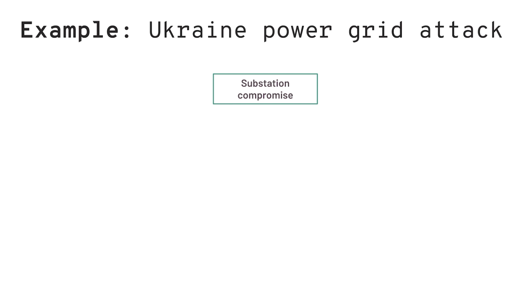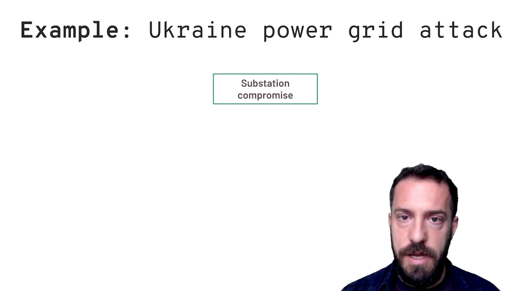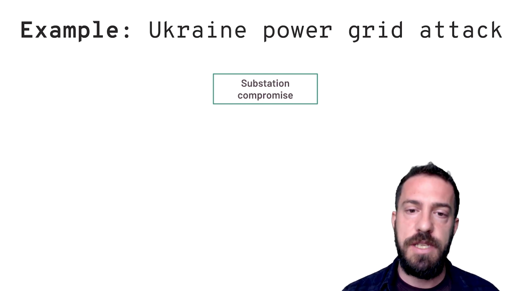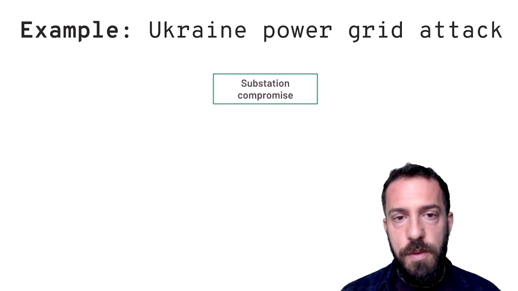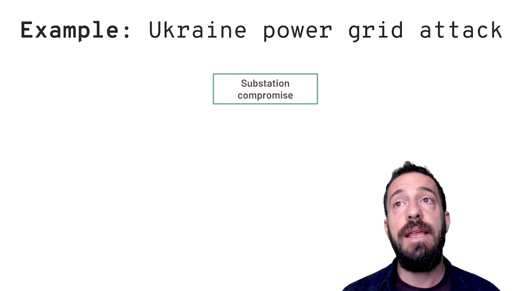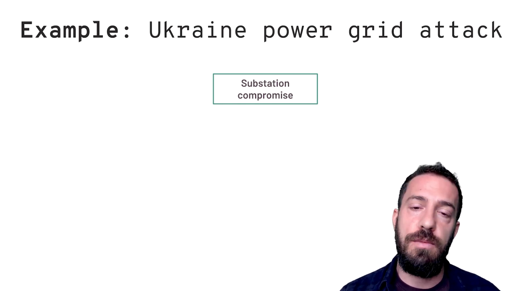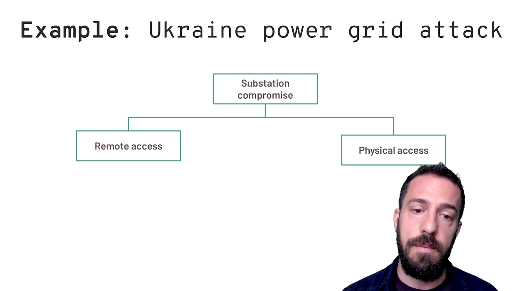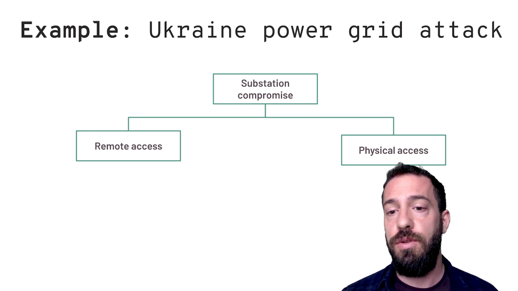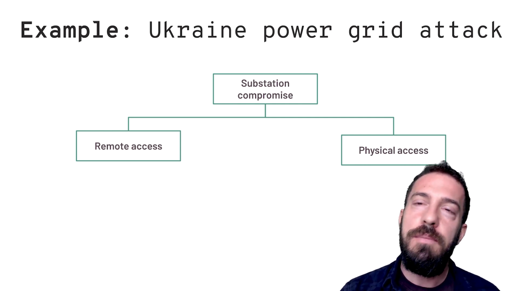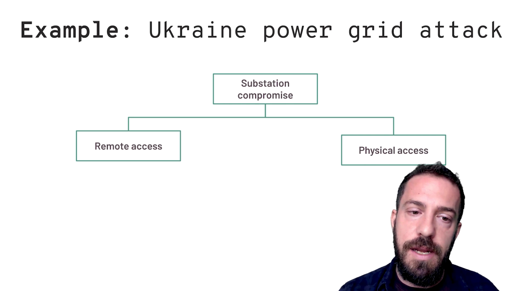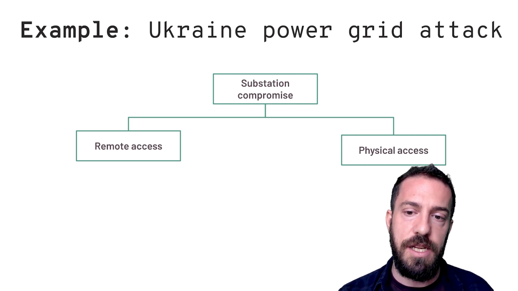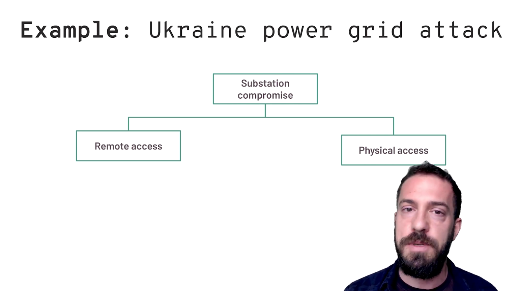So in order to show attack tree development in the context of operation technology, let's go back to the Ukraine power grid attack, and let's talk about the final goal of the adversary, that was a substation compromise. So to compromise the substation, I can think of two possible ways. One, to do it remotely, and one to do it physically. Remotely means you do it from the internet somehow, you don't go to the substation. Physical means you go to the substation, right?